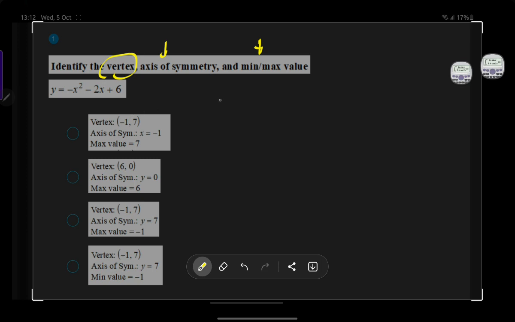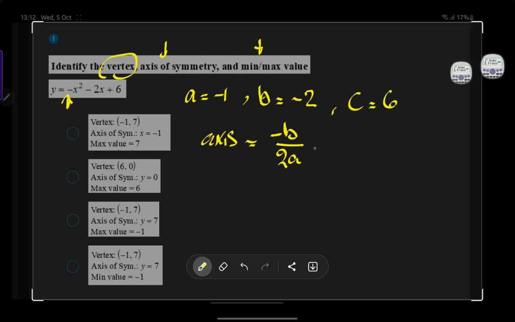So here a equals negative 1, b equals negative 2, c equals positive 6. So next, what's the axis of symmetry? It takes the formula negative b over 2a. This is b, which is negative, so negative with negative, this will be 2 over 2 times a, and a is negative 1. So the answer will be negative 1 by the calculator.